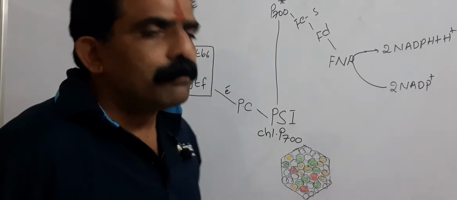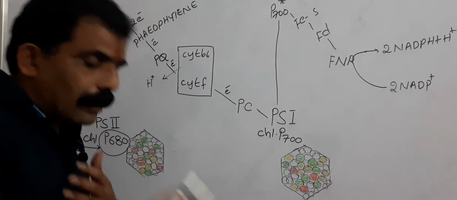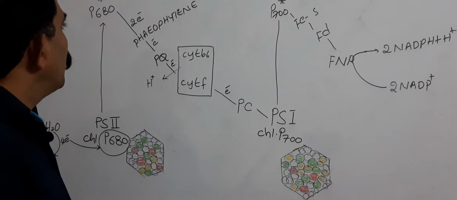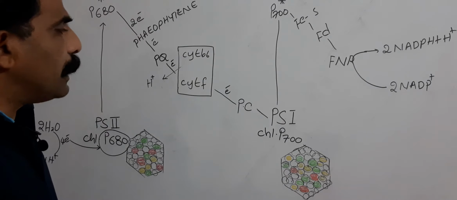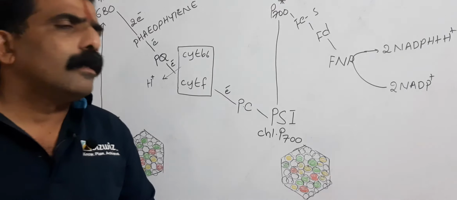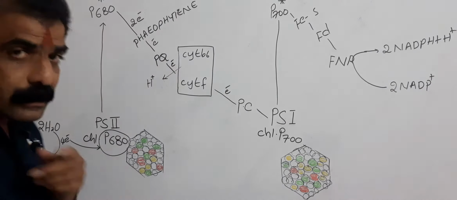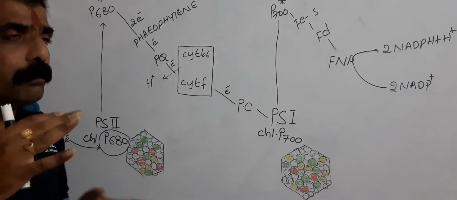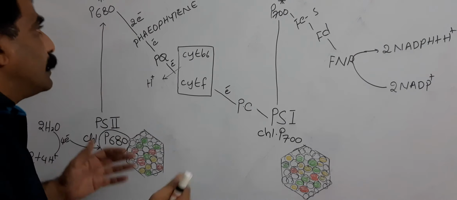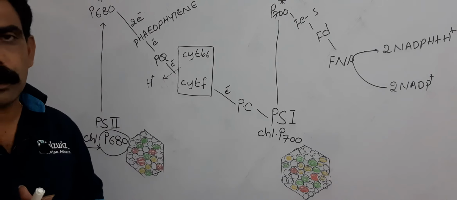So the Z scheme name is given on the basis of the pathway of the electrons. Here the Z scheme includes both the pigment systems or photosystems, photosystem 1 and photosystem 2. Whereas in the case of cyclic photophosphorylation, only PS1 is involved. But in the case of the Z scheme or non-cyclic photophosphorylation, both PS1 and PS2 are involved.